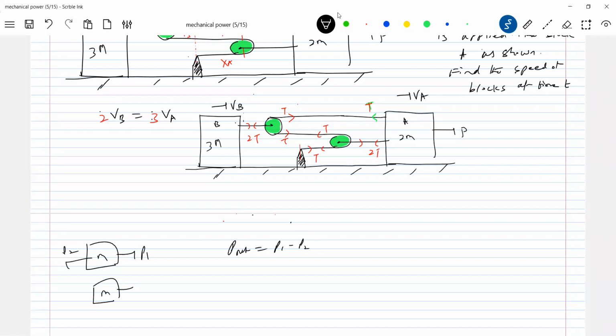Power means nothing but some force here, and there's a velocity. So F1 into V will be one power, F2 into V will be the other power. Able to make it out? I'm trying to generalize the situation.